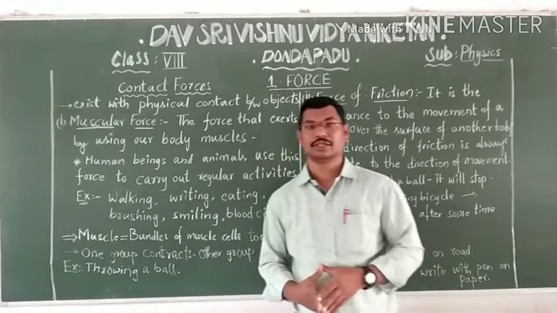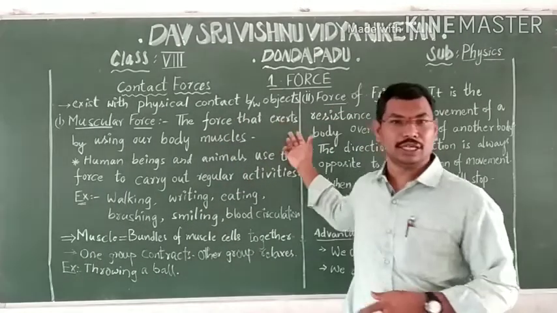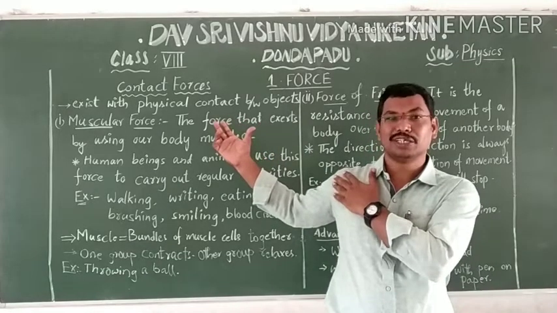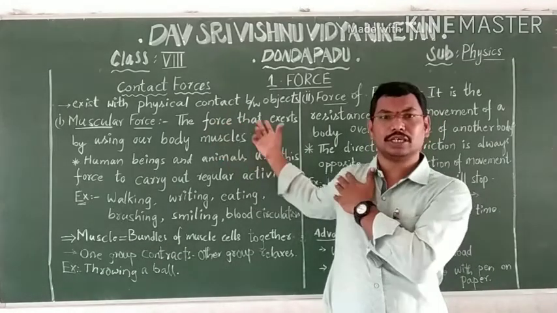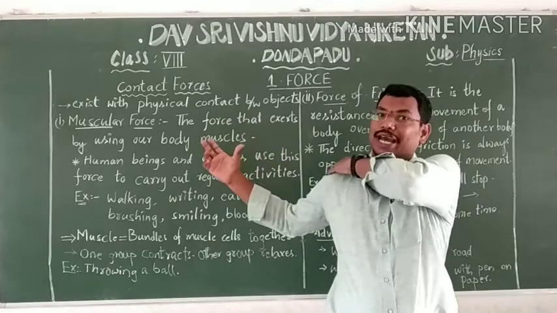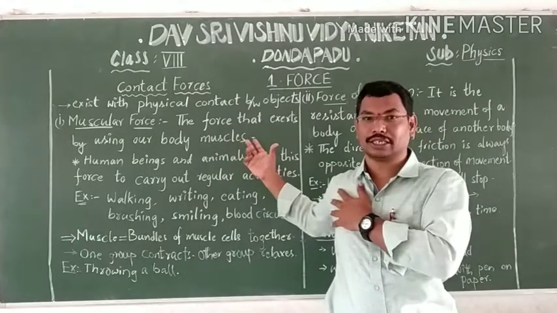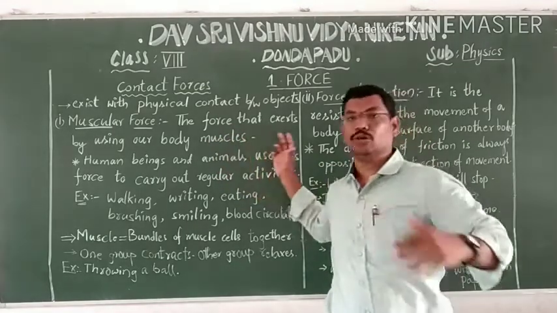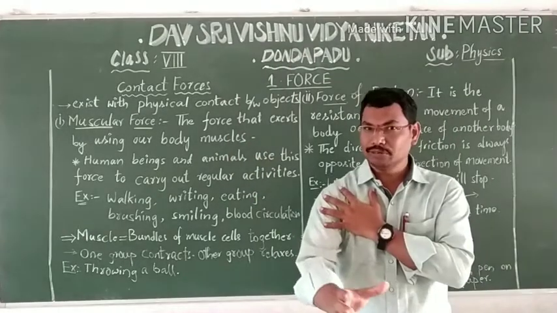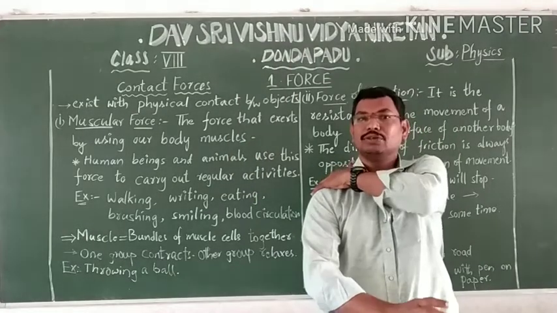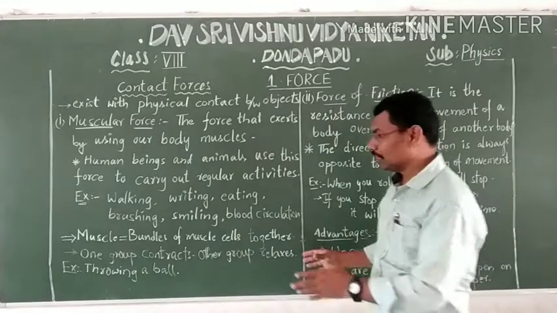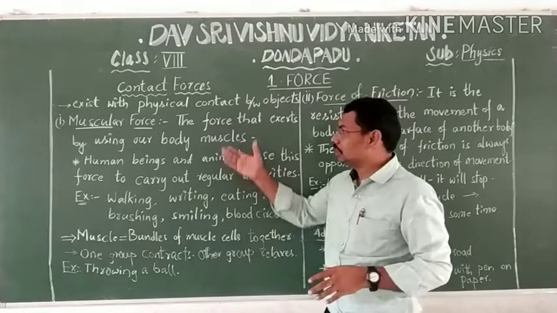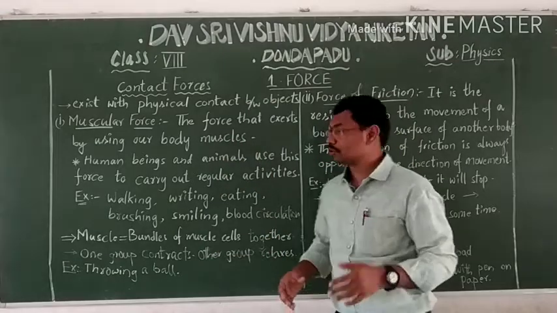Example, throwing a ball: the chest muscles and the forward shoulder muscles will relax or expand, and the back side shoulder muscles will contract. This is the pair of muscles that work together. When you throw, the front ones contract and the back side muscles relax. In this way, all the muscles work together in groups. This is all about muscular force.